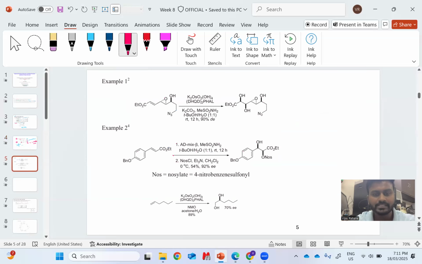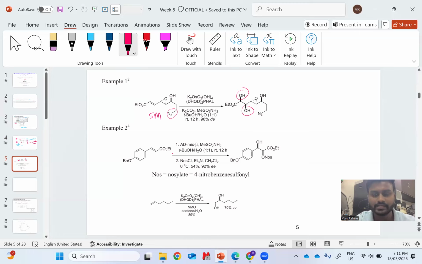If you look at some examples of this dihydroxylation reaction, this is the starting material, and you can see it has an epoxide, a hydroxyl group, and an N3 as one of the side groups. Upon performing this asymmetric dihydroxylation reaction, the addition takes place in the syn fashion, and you can see the stereochemistry.